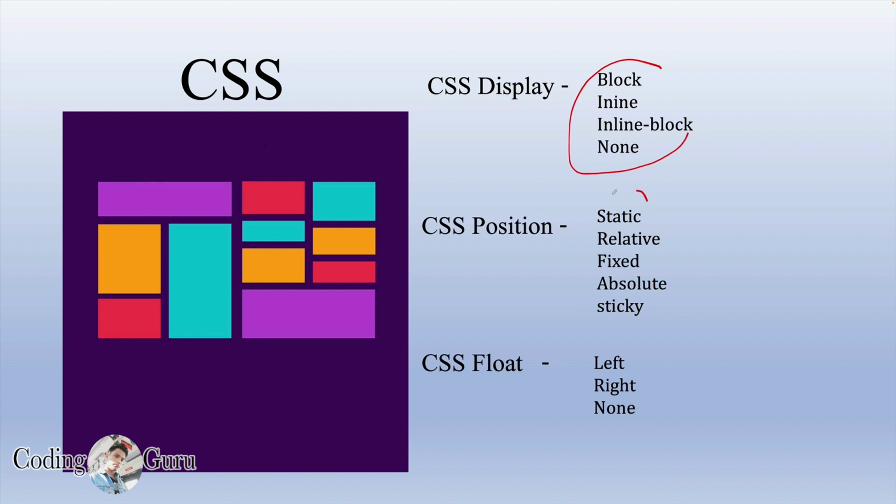These properties were very important. It was a huge change in web development. Display, position and float especially helped a lot to create templates and template content, responsive and nice web pages.